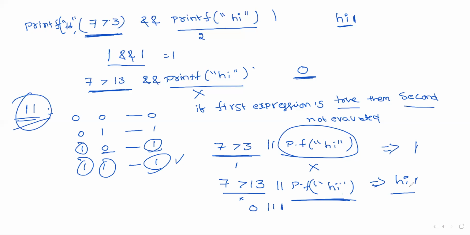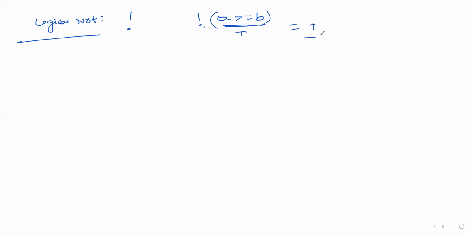Observe the main difference between logical AND and logical OR. Finally, logical NOT. Logical NOT is a simple thing. For example, A greater than or equal to B. Suppose we apply NOT. If this is true, by applying the NOT operation, the result is false.